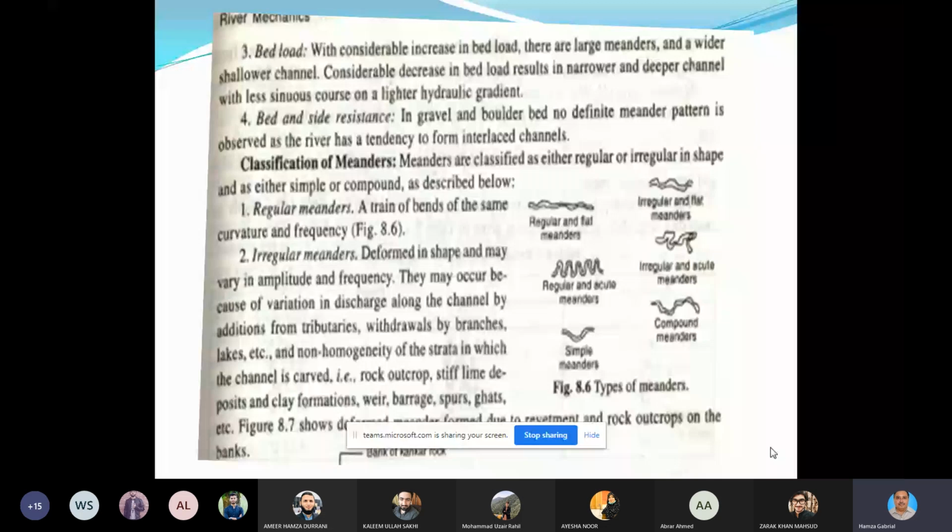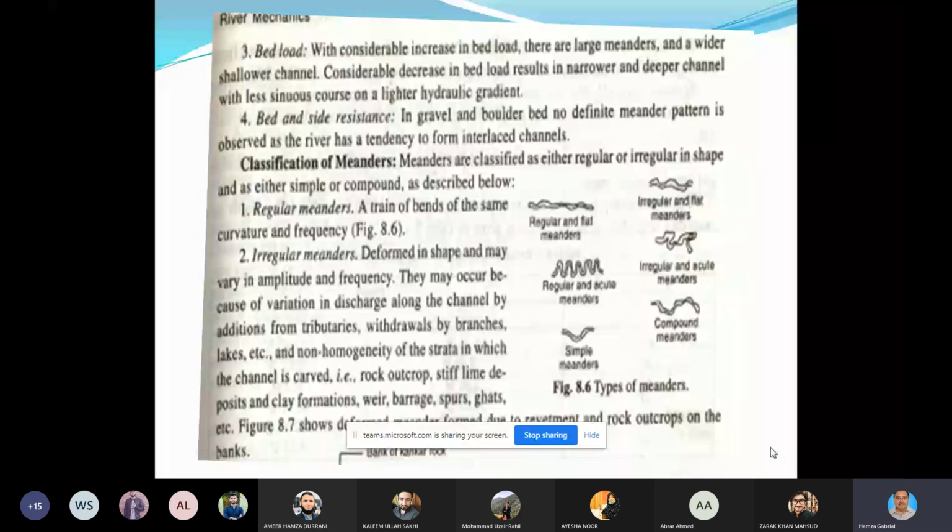Regular meanders, as you can see in the figure, we define as those which have a train of bends having the same curvature and frequency. If you look at the first figure, same curvature and frequency, so the pattern is being repeated, and we classify them as regular meanders.